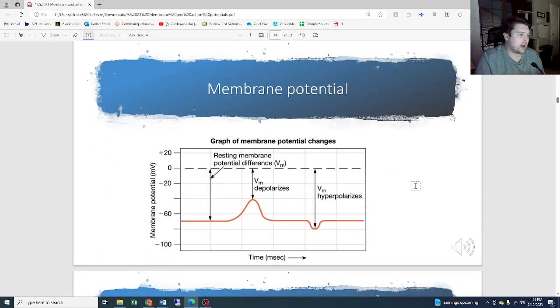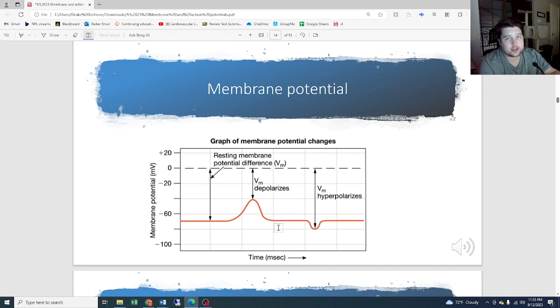So here's a graph of it, and different types of cells are going to have what we call a resting membrane potential. That's showing exactly what the difference is, how negative those different cells are.